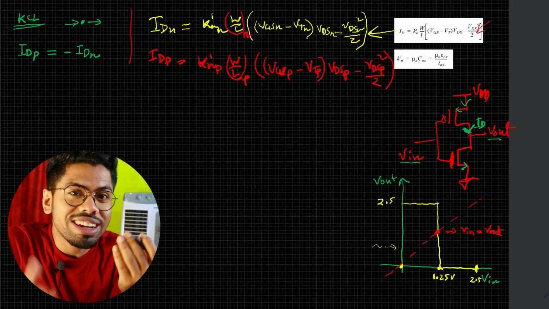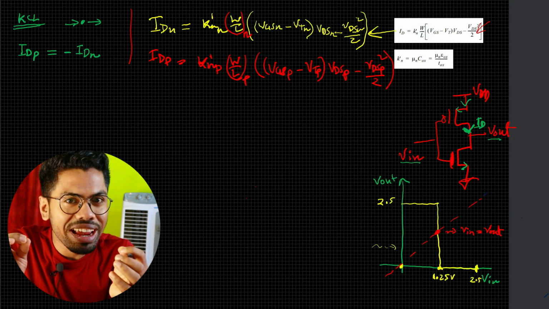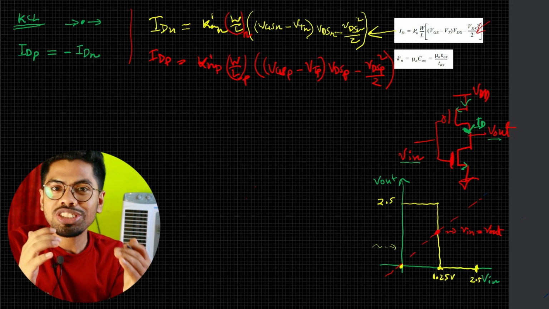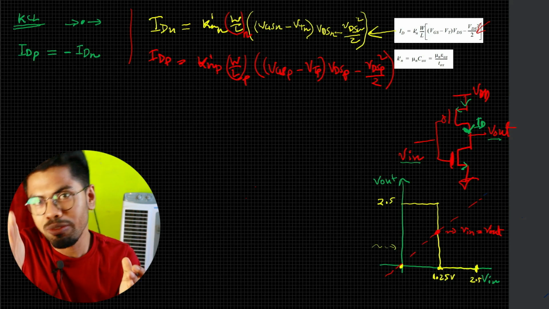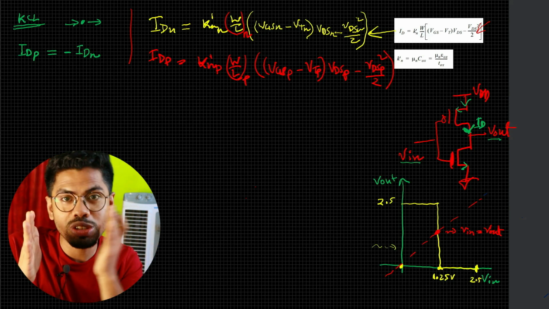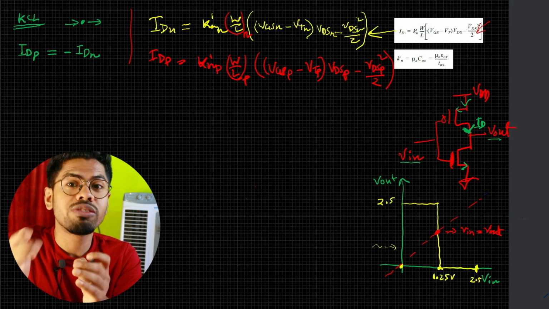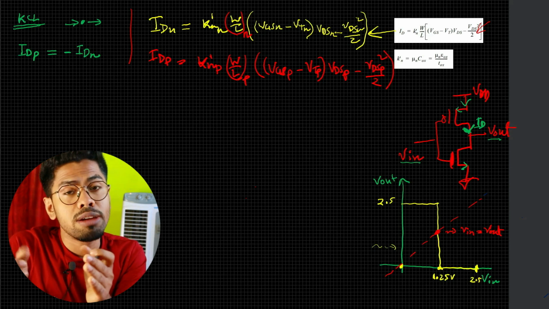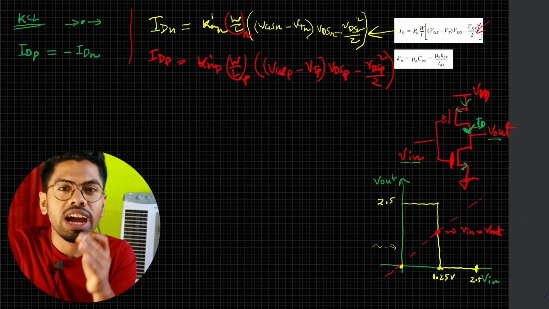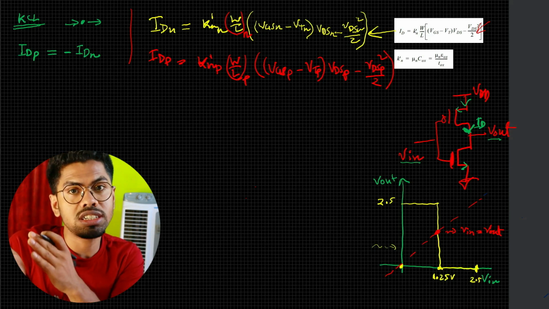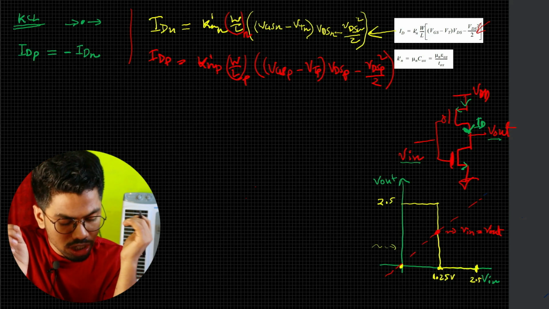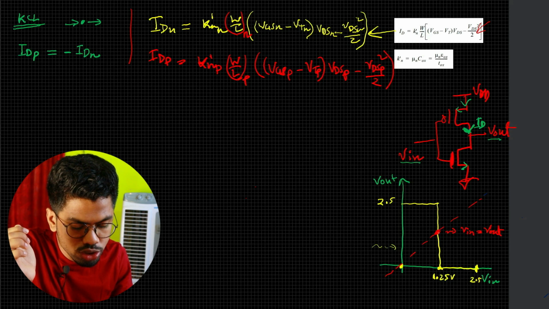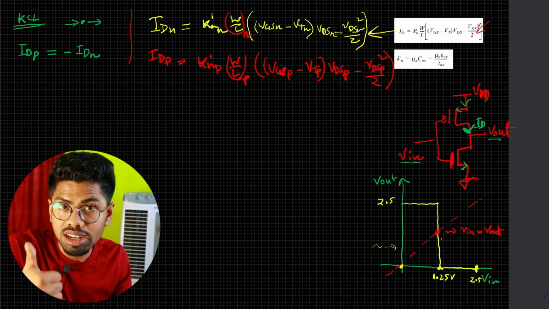And when we are designing our inverter, we need this transition point to be in between VDD and 0. And why in between? For a larger noise margin. I haven't dealt with noise margin yet, but in my last lectures I have roughly explained what noise margin means. So to have a larger noise margin, we want this transition point to be at the middle, right?